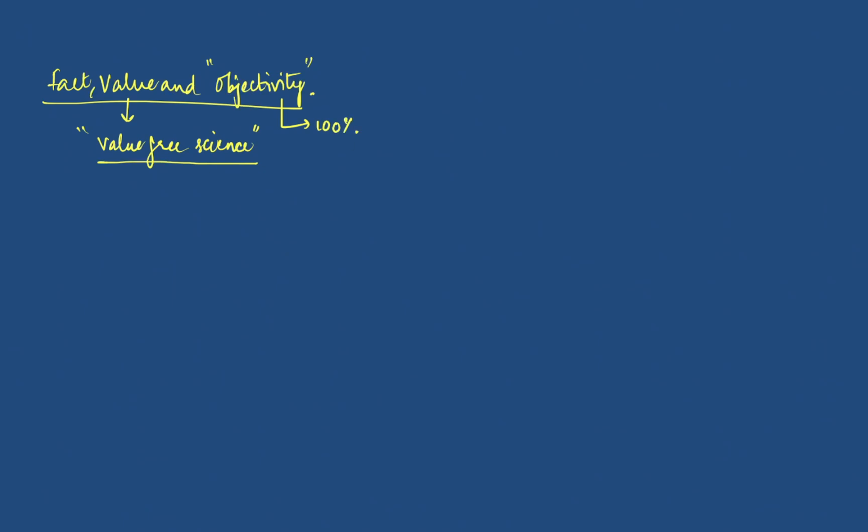In the previous class, we've seen positivism, right? We've also seen non-positivism. In positivism, the positivists argued that sociology is also a science. In fact, Auguste Comte even went to the lengths of framing sociology as the queen science.